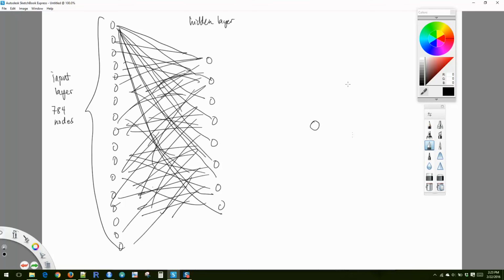What we're going to have is 10 possible digits, so our output layer will have 10 nodes: 1, 2, 3, 4, 5, 6, 7, 8, 9, 10.